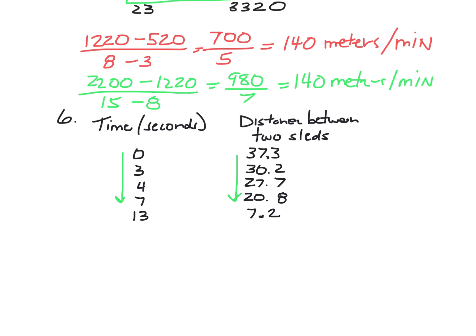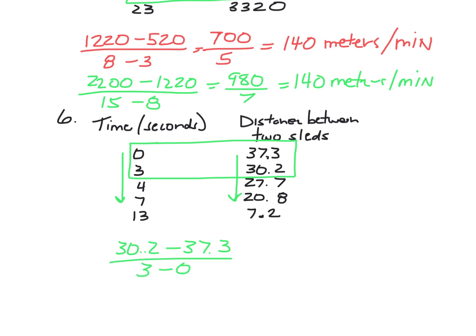If I do it the same way, let's say I work with these 3 points right here. I would take 30.2, take away 37.3, and the time in seconds would be 3 minus 0. So on the top, I'm going to have a negative change. It'd be a negative 7.1, and on the bottom, I have 3.